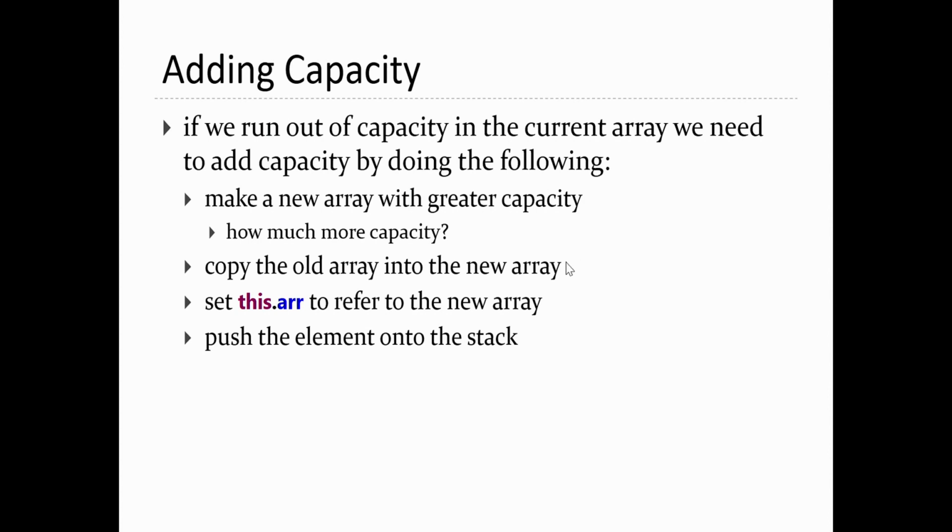I have to copy all the elements from the old array into the new array. Now I've made a new array, so I have to make my field, this.arr, refer to the new array. So I have to assign the new array to this.arr, and then you go ahead and push the element onto the stack.